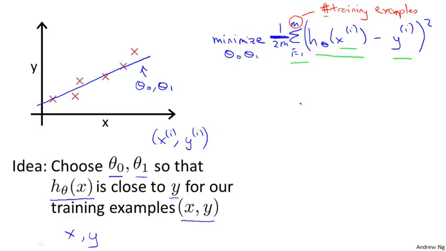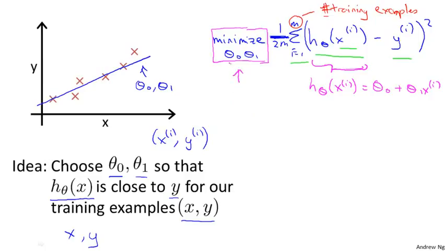And just to make sure this equation is clear, this expression in here, h subscript theta of x, this is our usual hypothesis, that's equal to theta 0 plus theta 1 xi. And this notation, minimize over theta 0 and theta 1, means find me the values of theta 0 and theta 1 that cause this expression to be minimized. And this expression depends on theta 0 and theta 1.